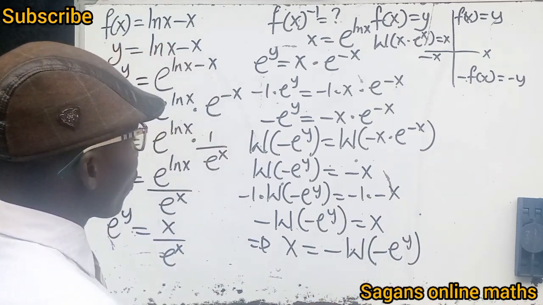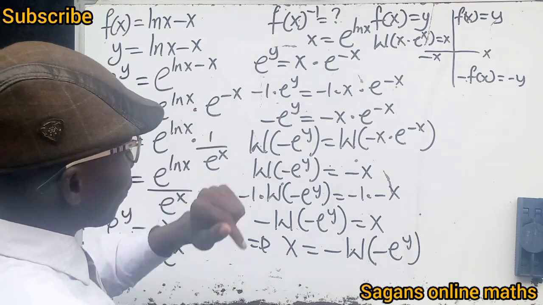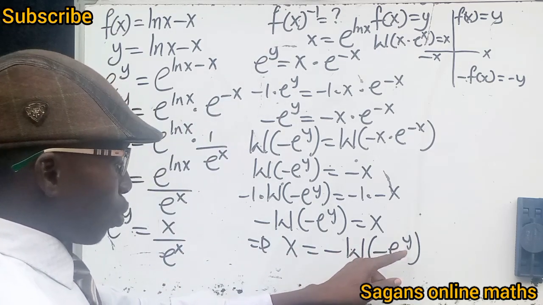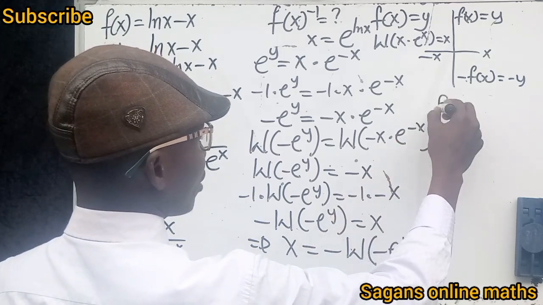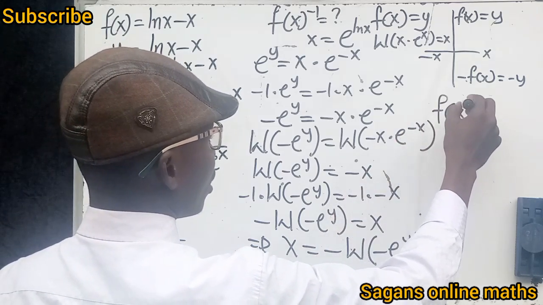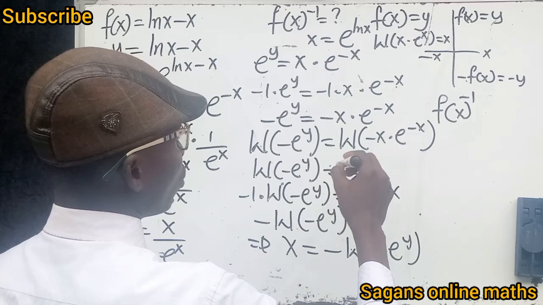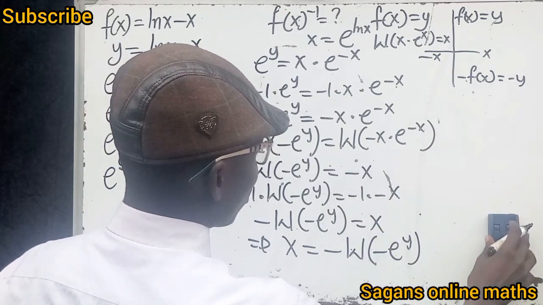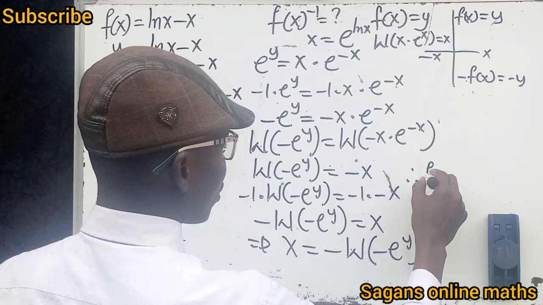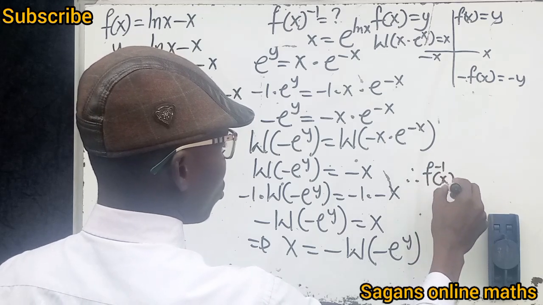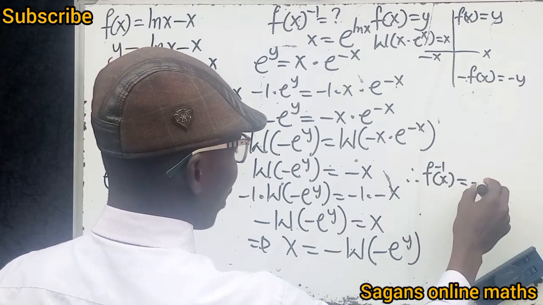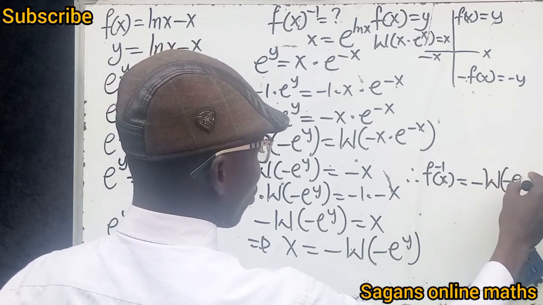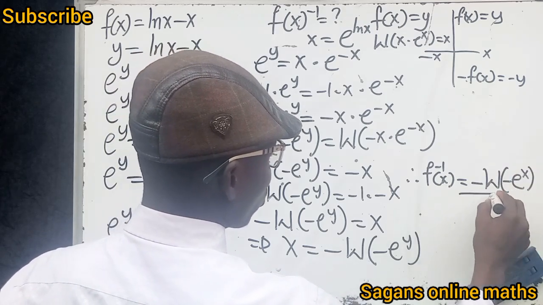Now if you are asked to find the x inverse, and remember that we are seeing y here, so anywhere we see y here we now put x. Therefore x inverse equals minus the W function of minus e raised to the power of x, and this is just the solution to this problem.